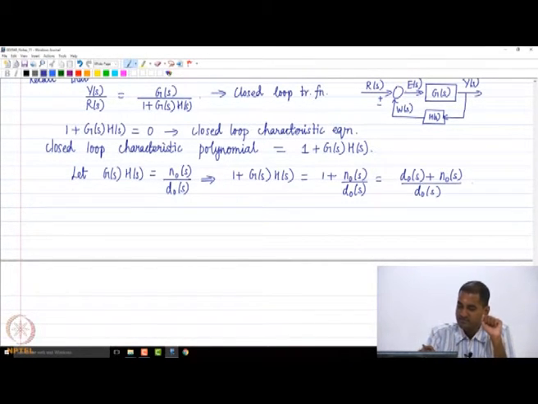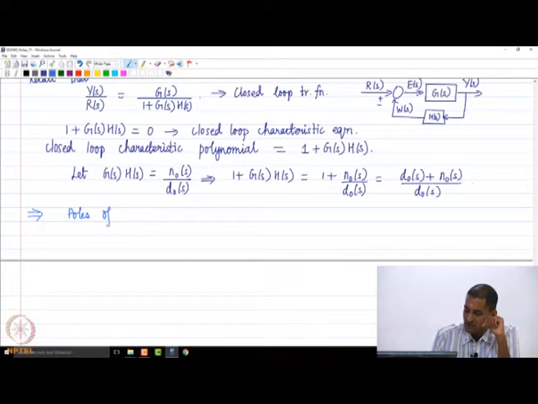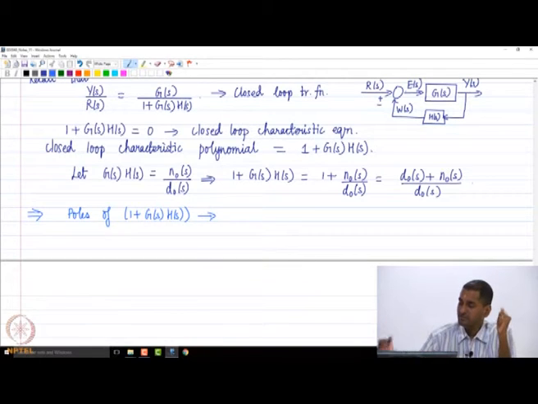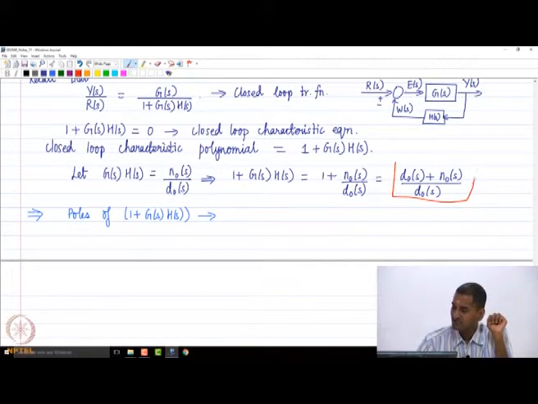So, you can immediately see that the poles of 1 plus G of s H of s are, what are they? If you consider the closed loop characteristic polynomial 1 plus G of s H of s, that is going to be a ratio of two polynomials in s, is it not? What is the denominator polynomial?